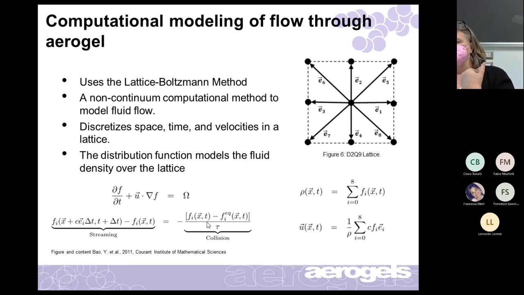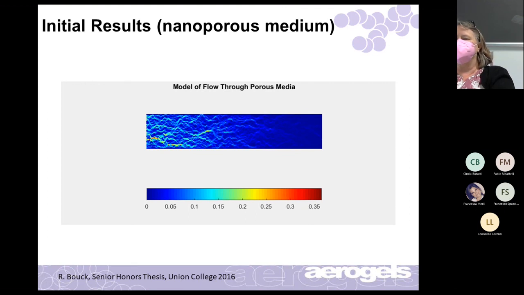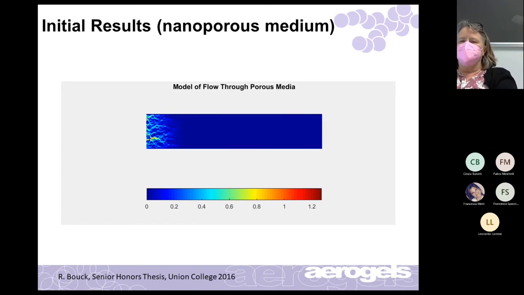This is an example. I just like this image, but this is not necessarily an aerogel. This is simply a porous media where we randomly assign solid and open areas in a structure. Then you can run Lattice-Boltzmann, and what this is showing you is velocities through that porous structure.